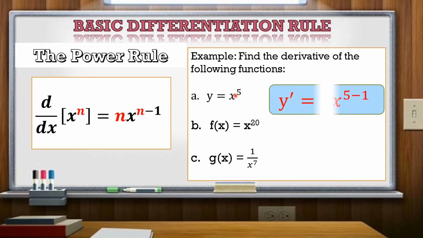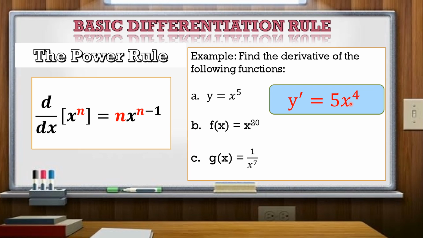So, ibig sabihin, yung derivative ng y natin is equal to, ibababa natin yung 5. Kaya naging 5 dito. X, then magsasubtract tayo ng 1. Once binaba po natin yung exponent, magbabawas po tayo ng 1. That is power rule. So, that is simply 5 times x raised to 5 minus 1. Simplify. 5 minus 1 is equal to 4. And this is the derivative of your y. 5x to the 4th power.